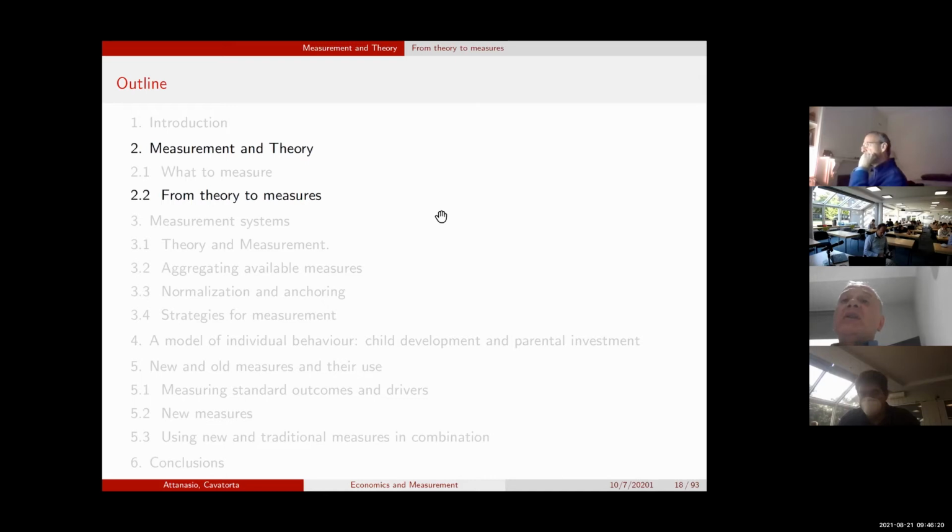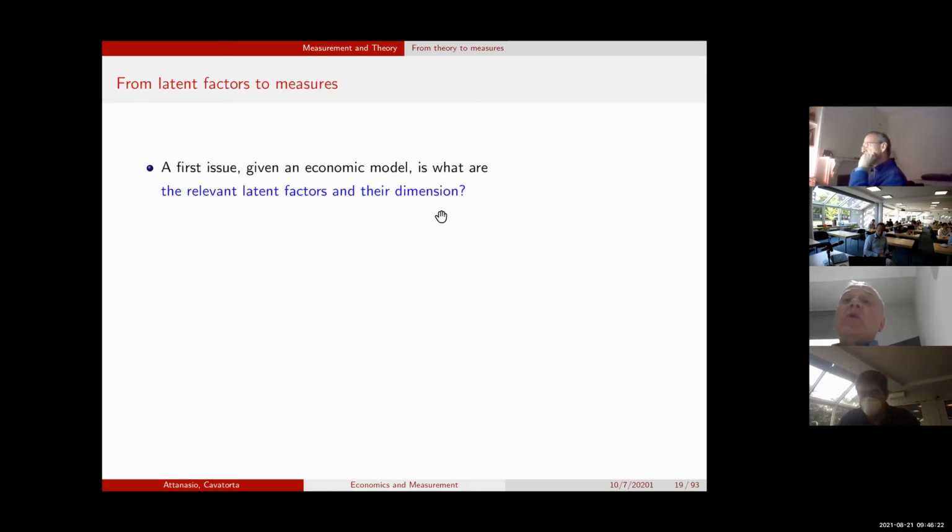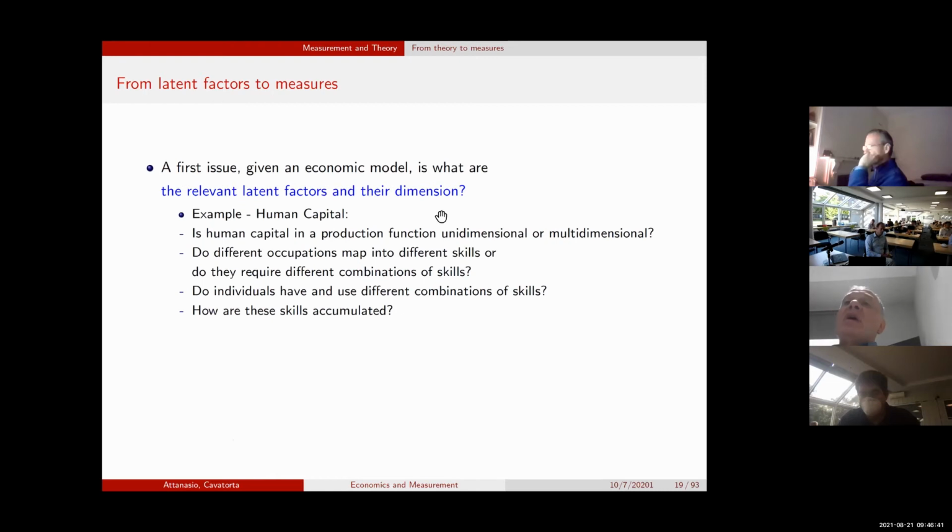The second is how do we go from theory to measures? So the first issue that we need to address is what are the relevant latent factors and their dimension. And the answer to this question should be driven by the type of questions that you ask.